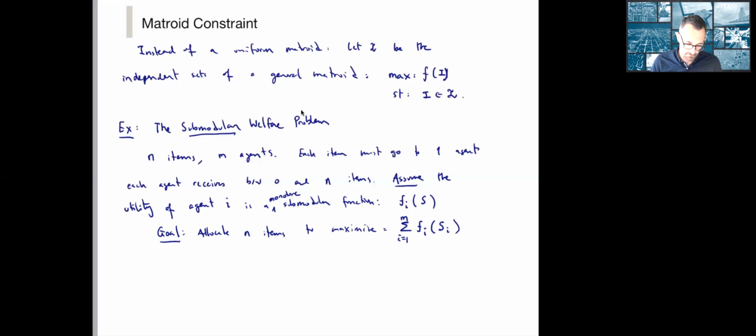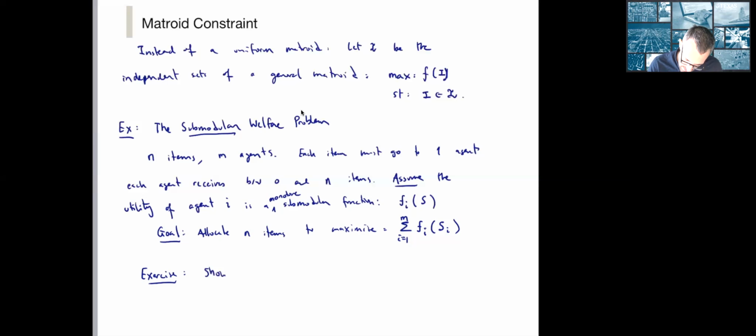So here's an exercise for you: show that this problem is an example of monotone submodular maximization subject to a Matroid constraint. And the Matroid constraint in this case is not going to be the uniform Matroid constraint.